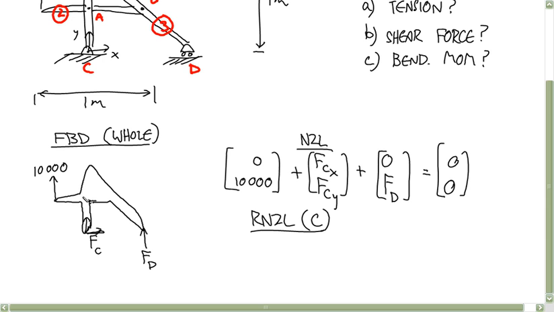This moment arm is 0.5, and that's clockwise, so we have negative 5,000. And then no moment due to FC. This distance is 1, so we have a counterclockwise moment of FD equal to 0.